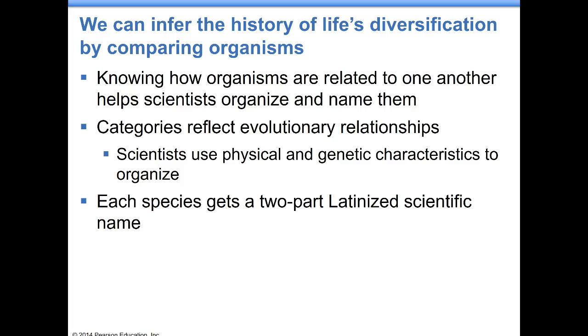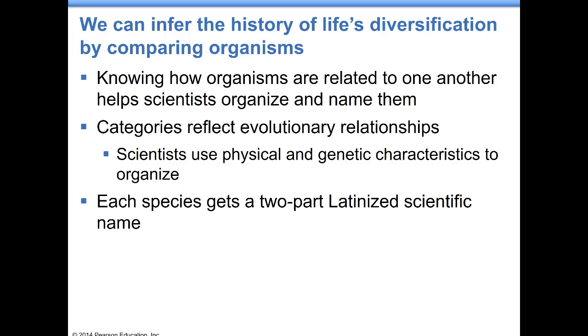Okay, we can infer also based on the diversification and comparing organisms. If we know how organisms are related to one another, this is going to help scientists to organize them, and we put them into different categories that actually reflect the relationships. So scientists will actually use the physical characteristics and the genetic characteristics to put them into different groupings.